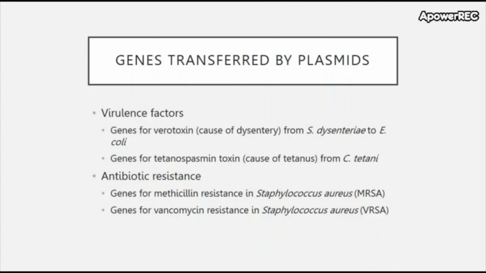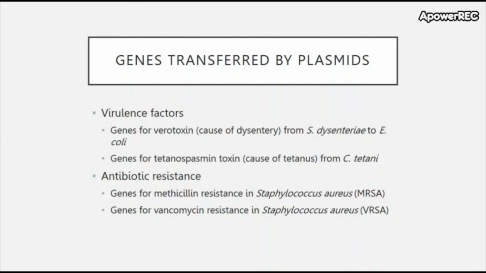Some of these genes that are coded by the plasmids include genes for virulence factors. A virulence factor is something that makes a pathogen more pathogenic. So these could be genes that code for verotoxin, which causes dysentery, from S. dysenteriae, and these could be transferred to E. coli. You could have genes that encode for tetanospasmin toxin, which causes tetanus, from C. tetani.